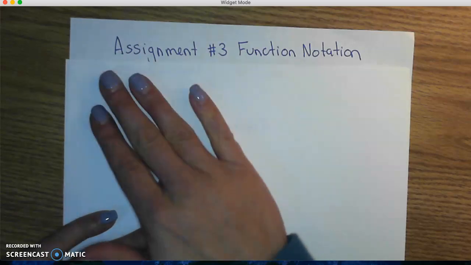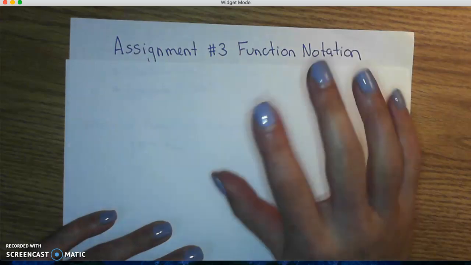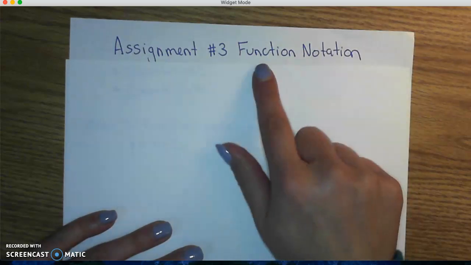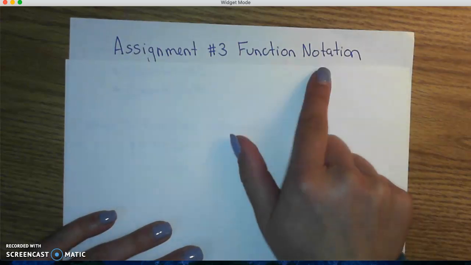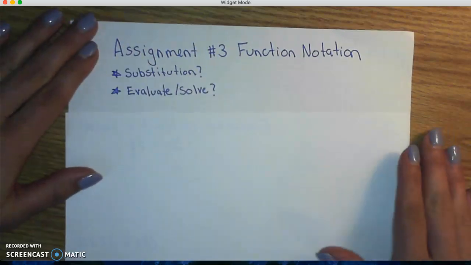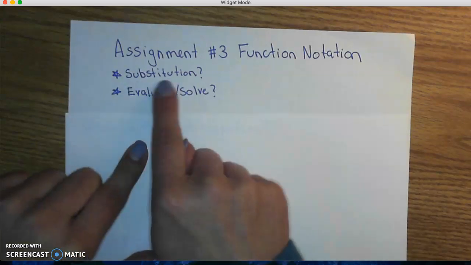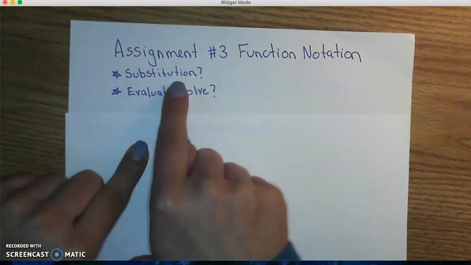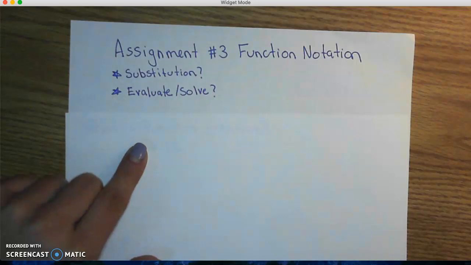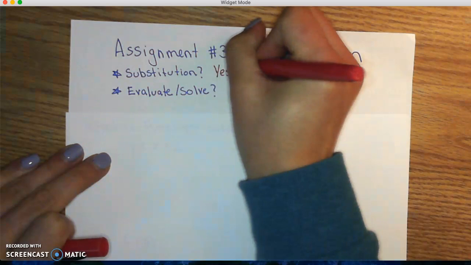This is our last assignment of the week. And this is something that's a little bit new. It's something called function notation. I do not want you to be scared, because function notation depends on you understanding two things. The first thing is substitution, which, as your teacher, I know that yes, you can do.